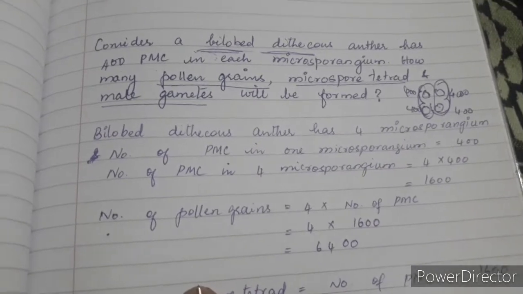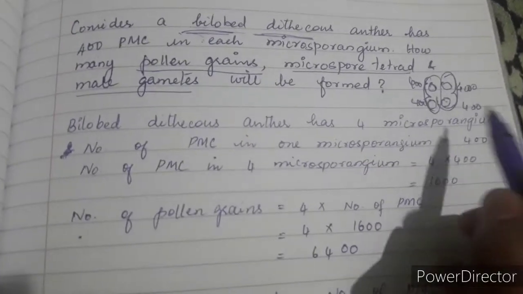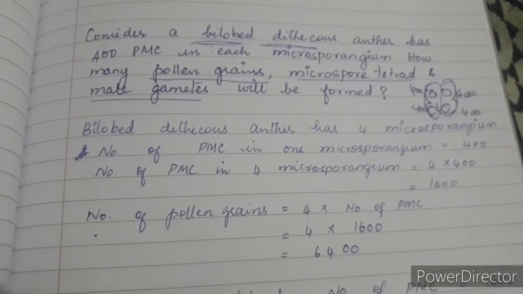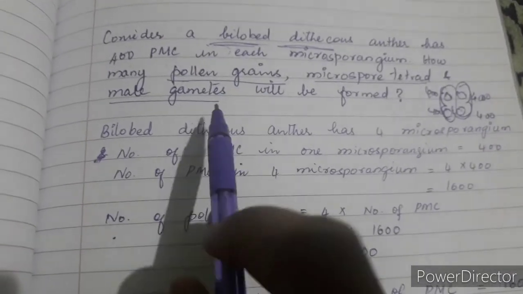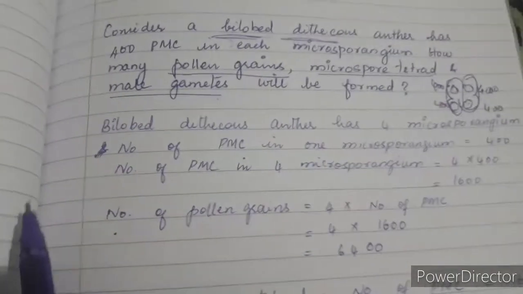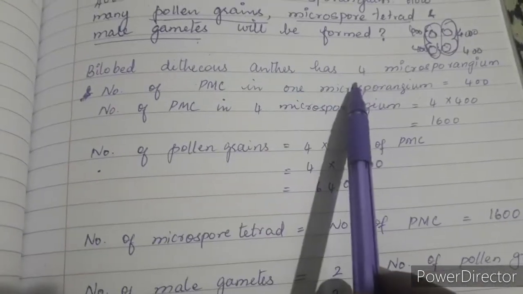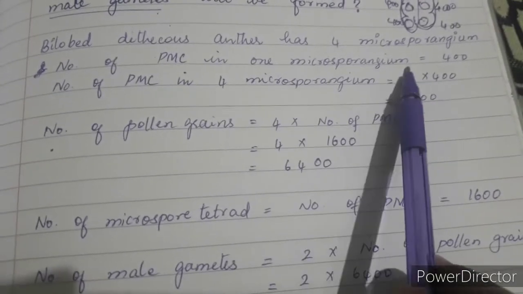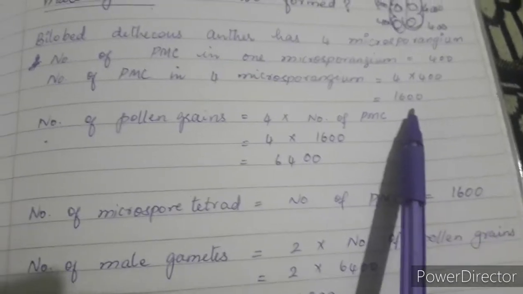So overall, how many pollen mother cells are there? 4 into 400, 1600 pollen mother cells are there. So from this we have to calculate the given things. Since it has 4 microsporangia, the number of pollen mother cells in 1 microsporangium is 400 and in 4 it is 1600.